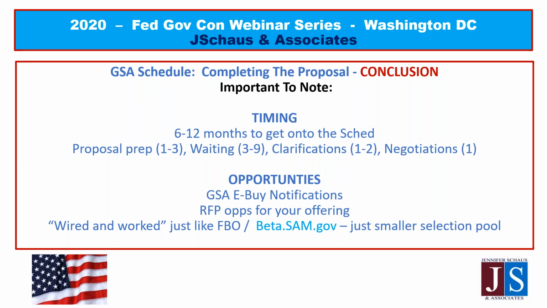At that point, if you are getting questions, you know that you have passed muster. Your proposal is compliant. They just want additional documentation on various pieces. And then you get to the negotiations, where they will go through every single line item. So if you have 1,000 line items, GSA will go through each of those line items and typically ask for additional discounts, prompt payment discounts, quantity and volume discounts.